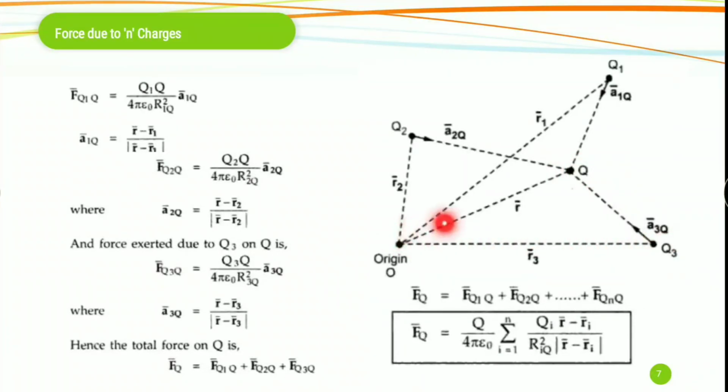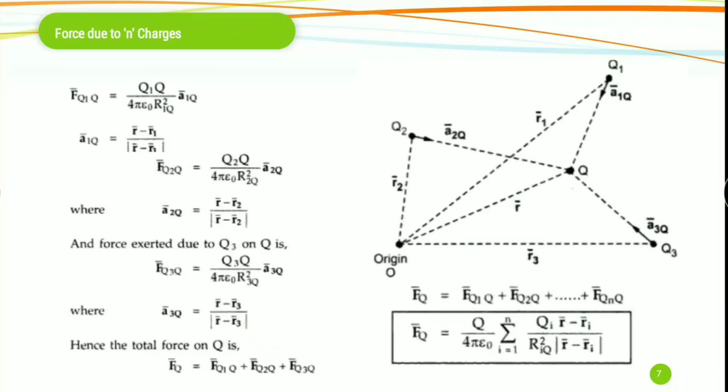The resultant of R bar and R3 bar gives the value of A bar 3Q. So A bar 3Q value is R bar minus R3 bar by mod of R bar minus R3 bar.